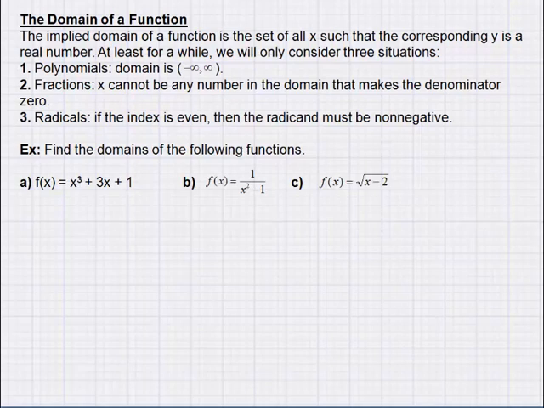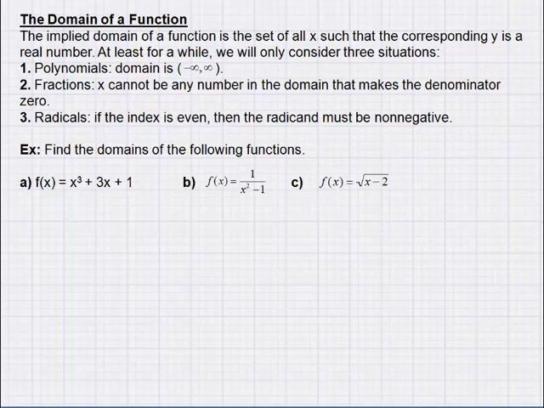Now we need to talk a little bit more about domain. So we already said that domain is essentially the starting variable, x in most cases. But we need to talk more about domain in terms of, some domains are explicit, some are implicit. The idea of some domains contain all real numbers, some domains don't.